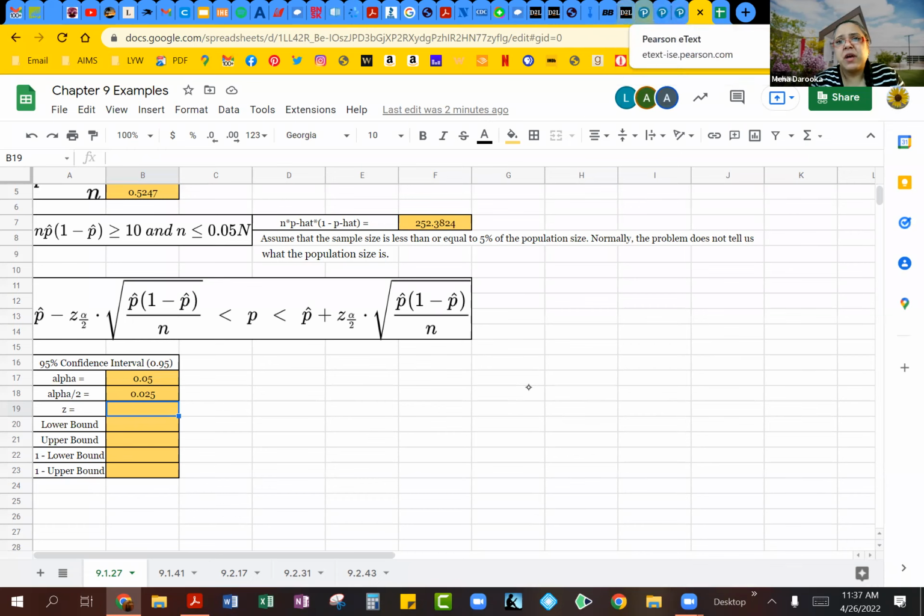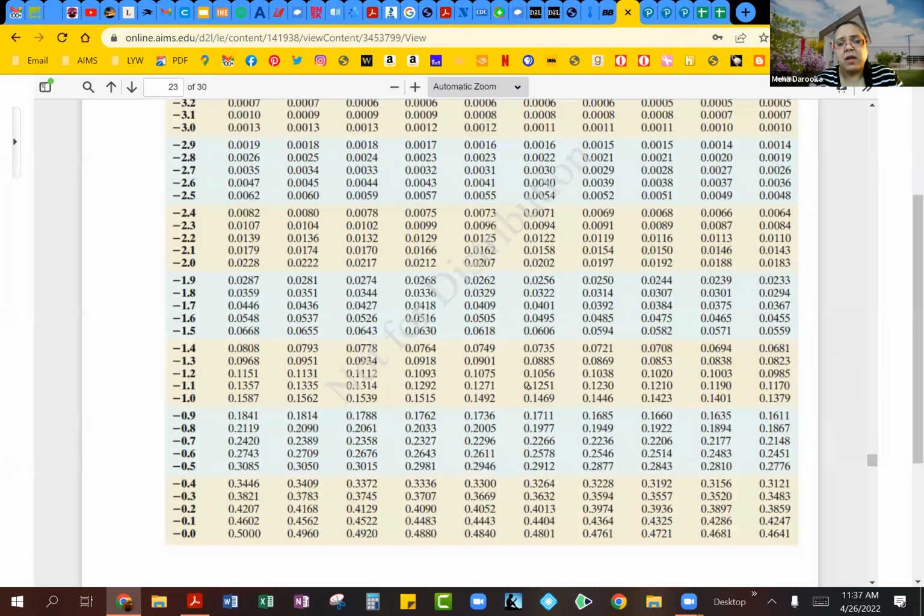So that's what you're trying to find in the body of this table. So 0.025. There we go, 0.025 right over there. And basically the idea is you match it to what the z-score should be.